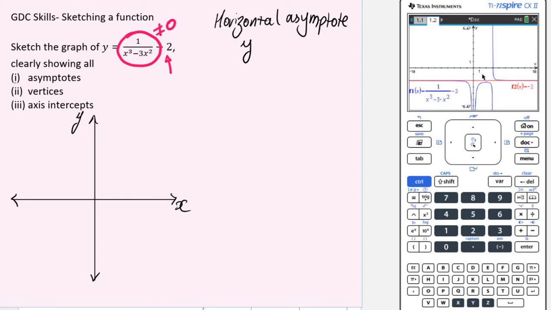So in this example, we probably could get the function equal to 0. That would occur if this bit equaled 2. 2 minus 2 is 0. What we can't have is this being equal to 0. Therefore, it would not be possible for y to be equal to negative 2. And that's what we see on the GDC in that red graph that I drew. So that's the first thing that we can draw in, a horizontal asymptote at y equals negative 2.